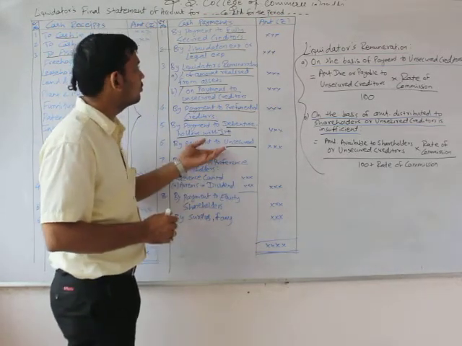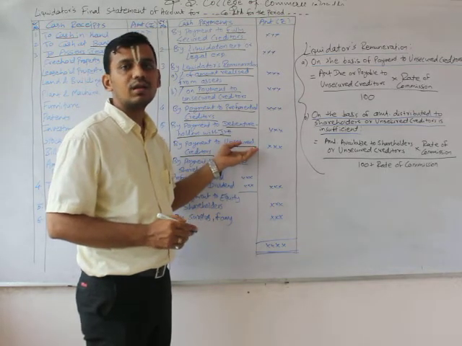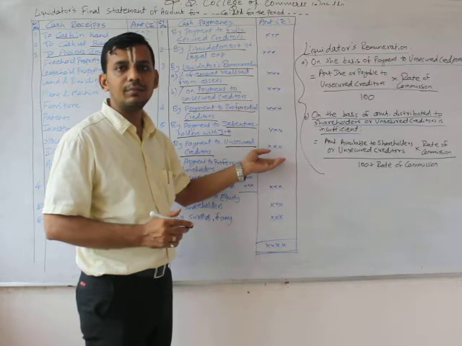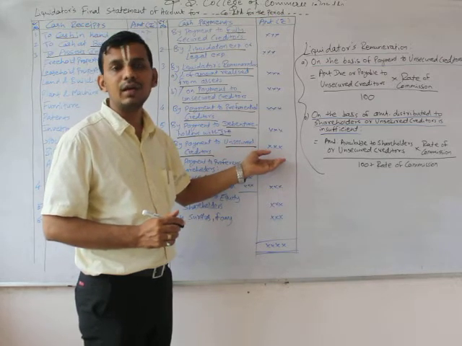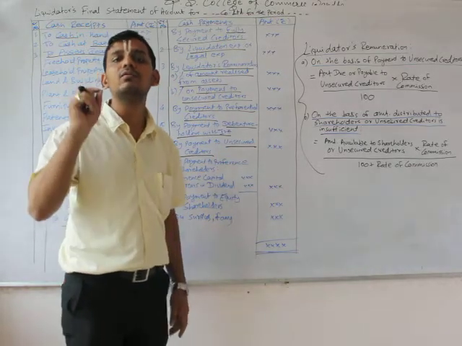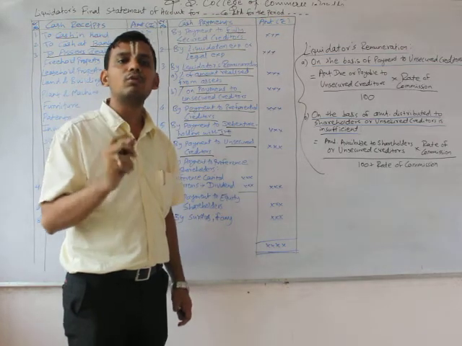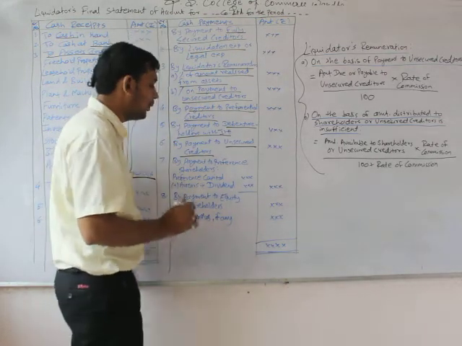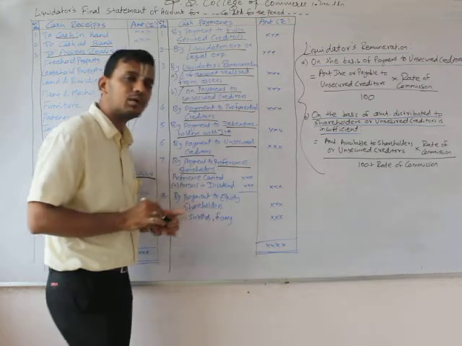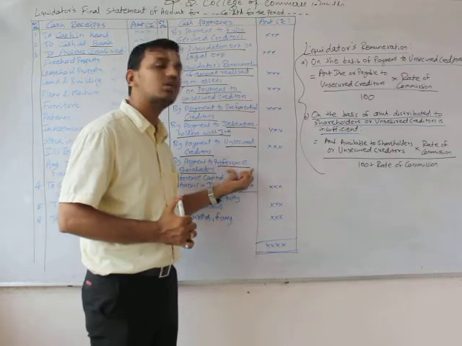Once all these payments are settled and funds are available with the company, at that point of time the company, or the liquidator particularly, can go for paying the members of the company, that is the shareholders. But before paying the shareholders, first of all they have to pay the preference shareholders. Why preference shareholders? We have discussed this n number of times in the previous semesters also, that they enjoy certain preferential rights.